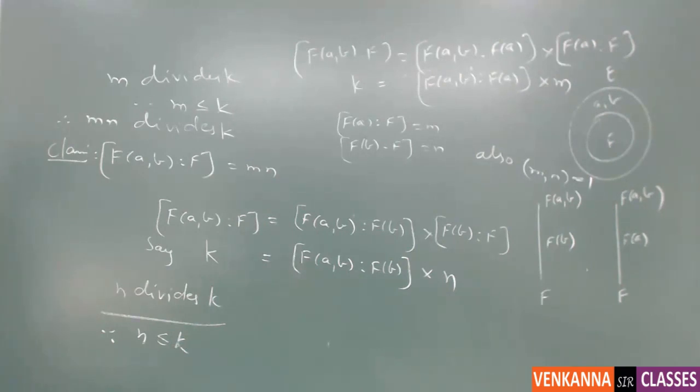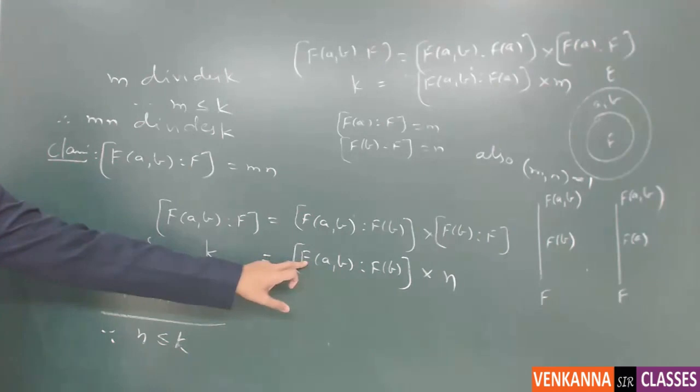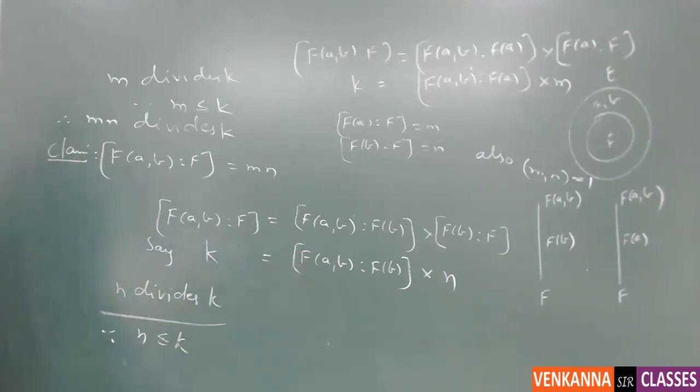Now, we don't know actually what this value is. So let us give a number for this one. If you take f of AB over f of B, let us say that value is some p. From that, what we can say?